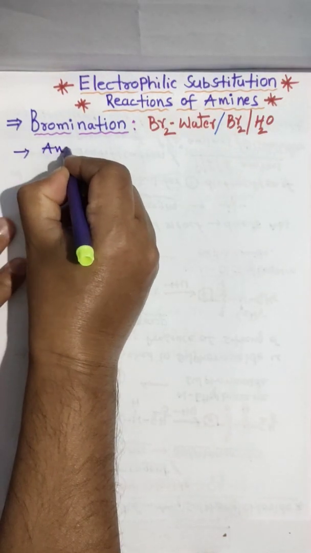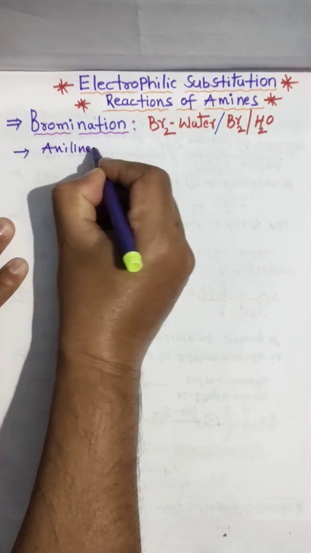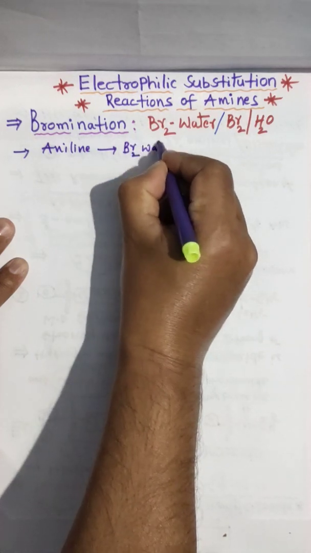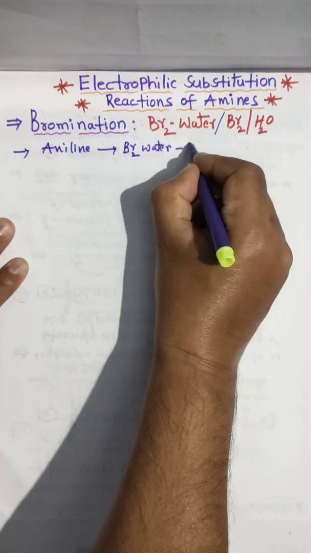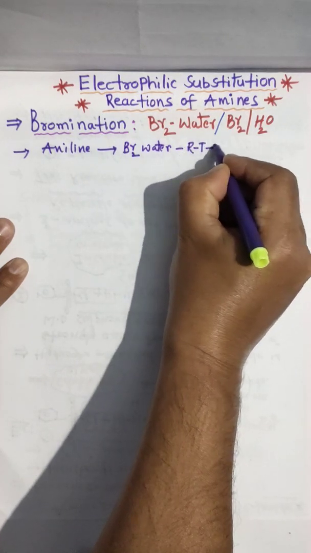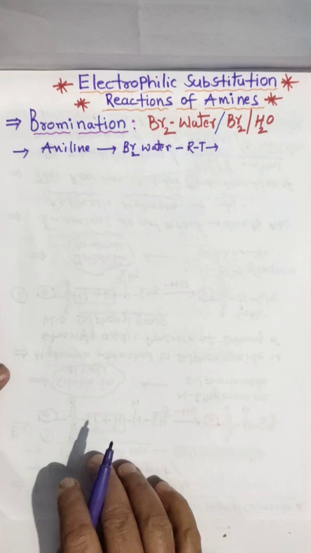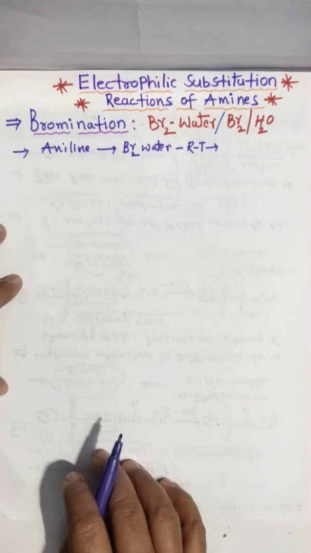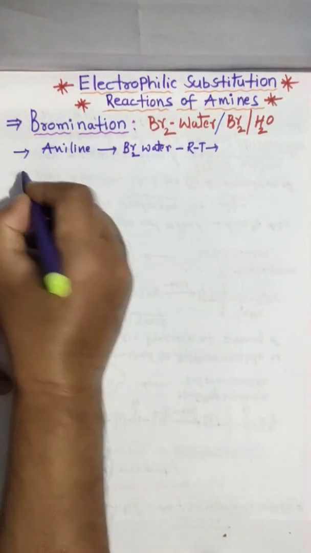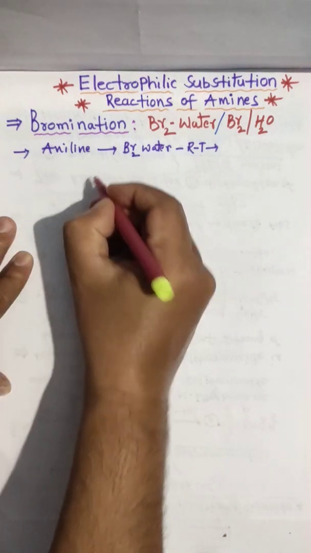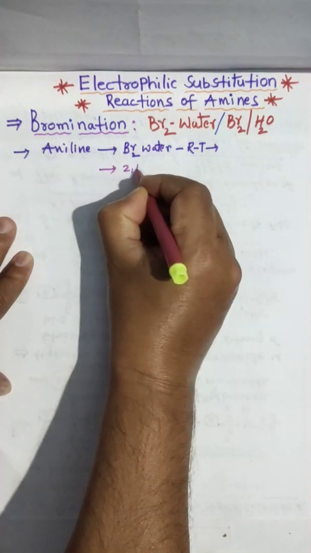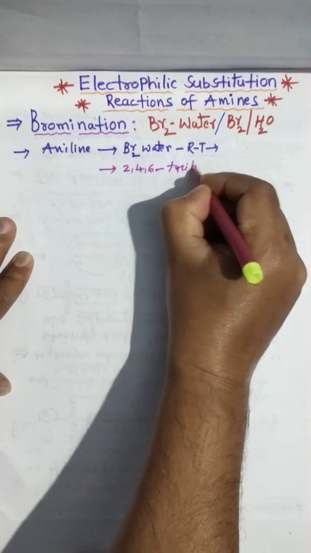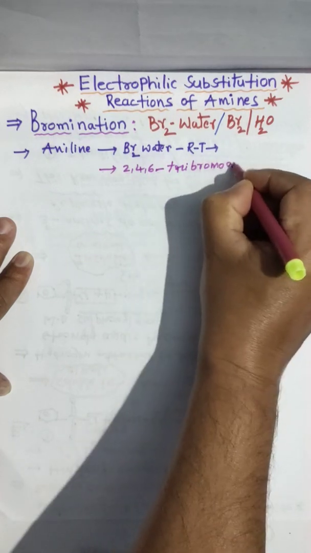Aniline reacts with bromine water at room temperature and gives the respective substituted product, which is called 2,4,6-tribromoaniline.